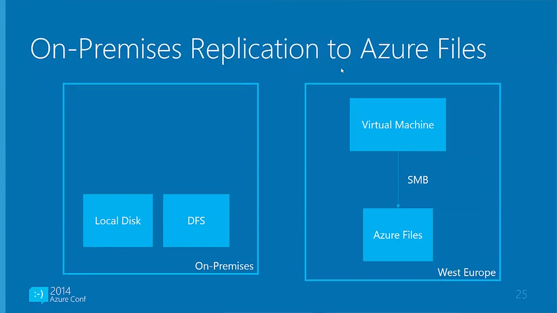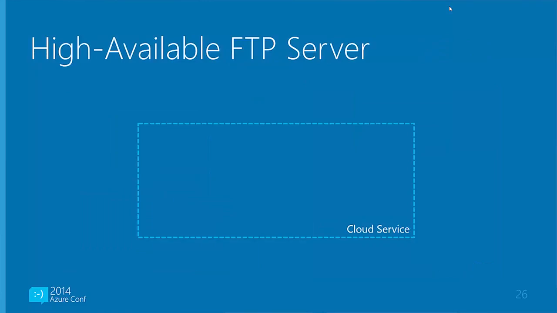In our on-premises replication, we just created a small application with a sync engine using a file system watcher, monitoring a local folder and have it persist all its changes to an Azure file share, which then allowed us to deploy our web application in a virtual machine and finalize the migration.